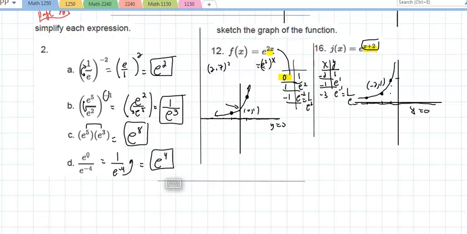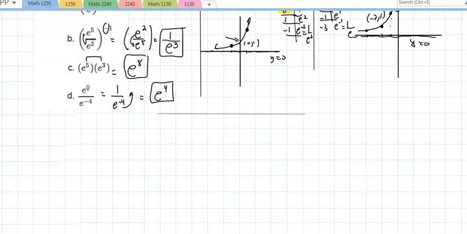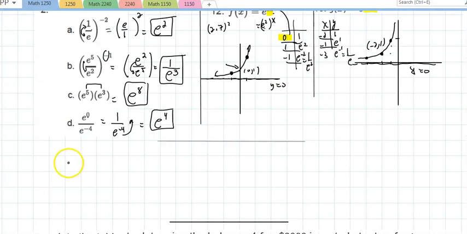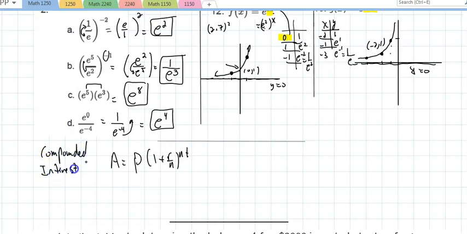Now we want to talk about applications, and let's get that out of the way. Alright, now A equals P times 1 plus r over n, raised to the nt. This is interest compounded n times per year.